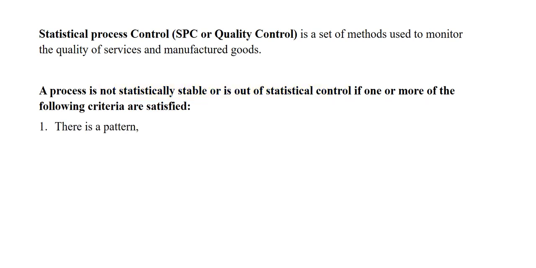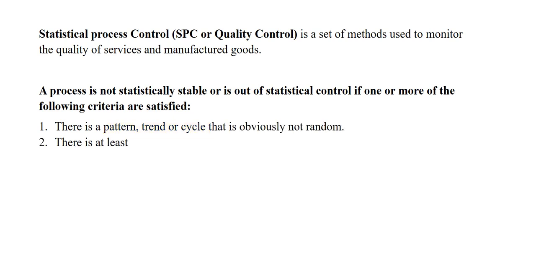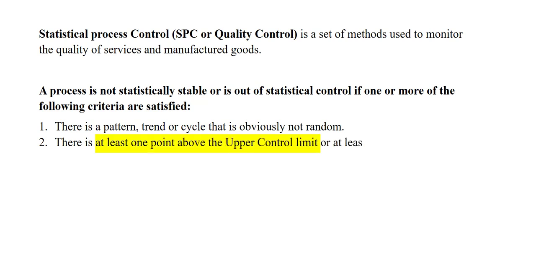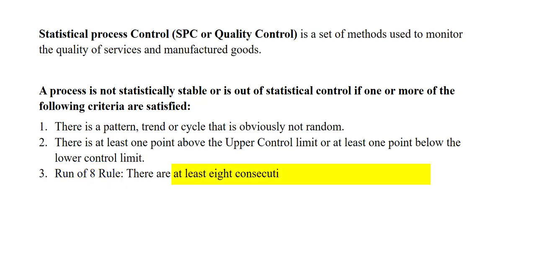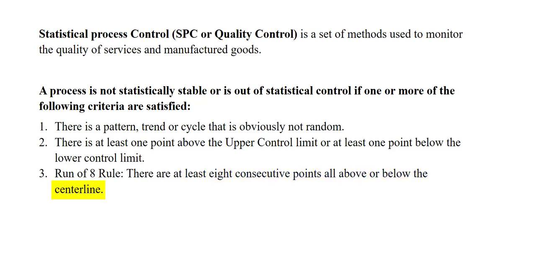One, there is a pattern, trend, or cycle that is obviously not random. Two, there is at least 1 point above the upper control limit or at least 1 point below the lower control limit. Three, run of 8 rule. There are at least 8 consecutive points, all above or below the center line.